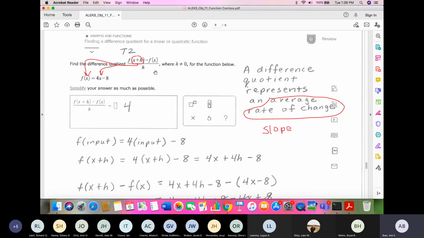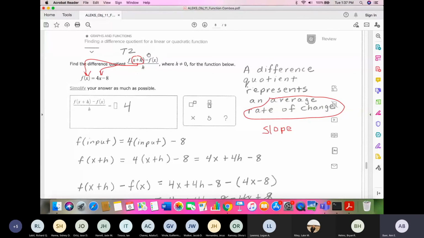So really finding the difference quotient where h is not equal to 0. You can't have division by 0. The whole denominator can't be 0, and the only thing in this denominator is h. So that's why it says where h can't be 0. For the function below, f of x equals 4x minus 8. So we want to find this difference quotient.